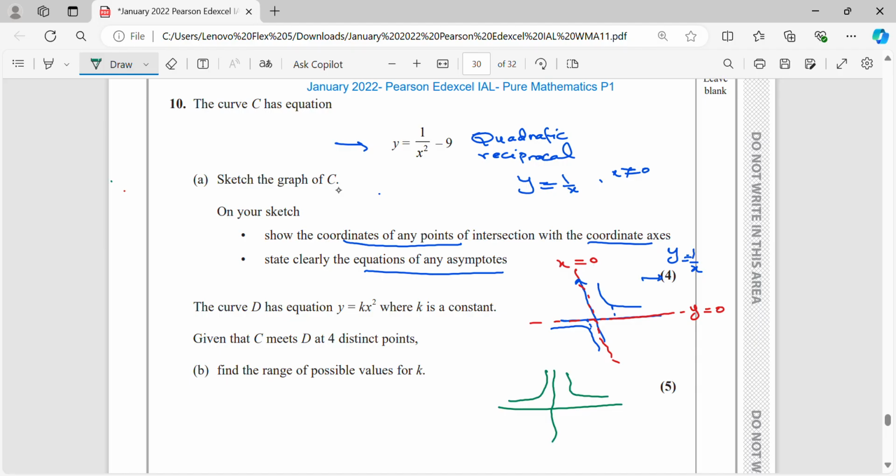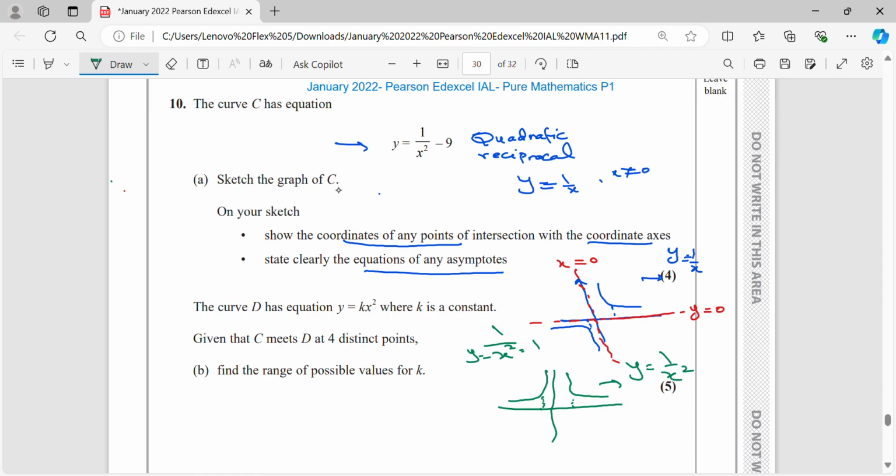If x is 1, y is 1. But if x is -1, y is also positive, because 1 over x squared gives a positive answer. So y is 1, somewhere here. So this is a quadratic reciprocal graph, y equals 1 over x squared.